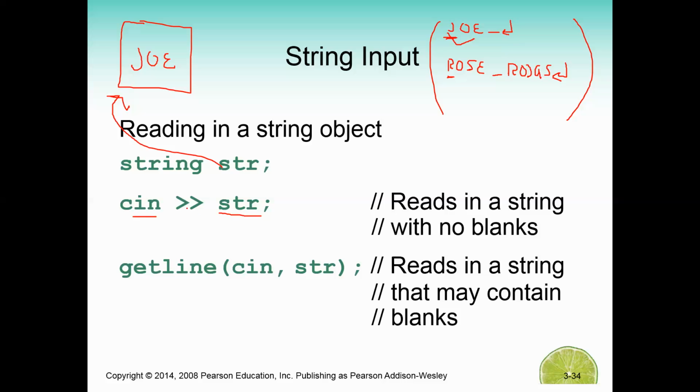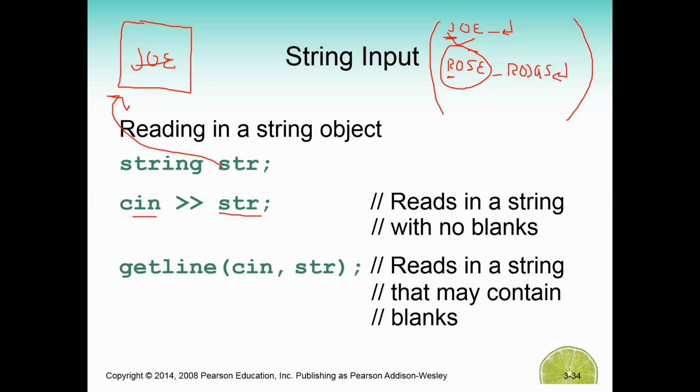This will not happen. It's going to get just the first name, R-O-S-E, and that's what is going to be placed in there. The next item that is going to be received in main memory is going to be sent to the next available variable. So it's not going to receive it in name.